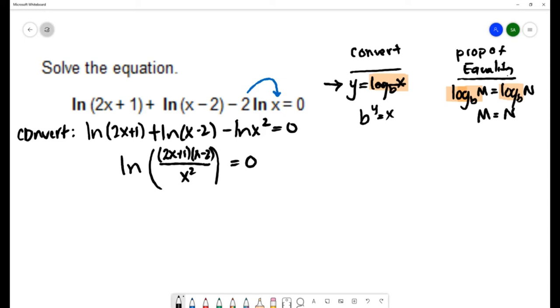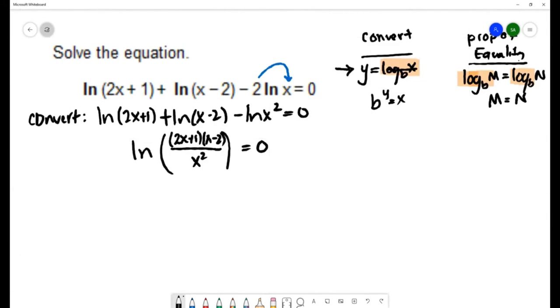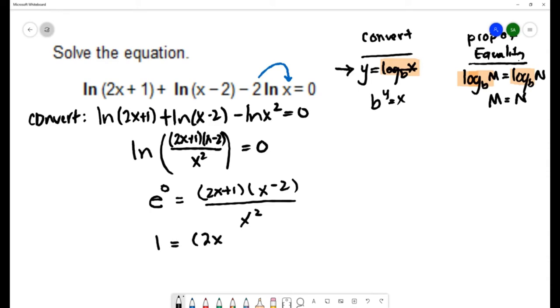Once I have a single log, then I can convert it to an exponential. Now this is natural log, which is base e, so e to the 0 power is equal to (2x + 1)(x − 2) over x squared. e to the 0 power is 1, and I have (2x + 1)(x − 2) over x squared.